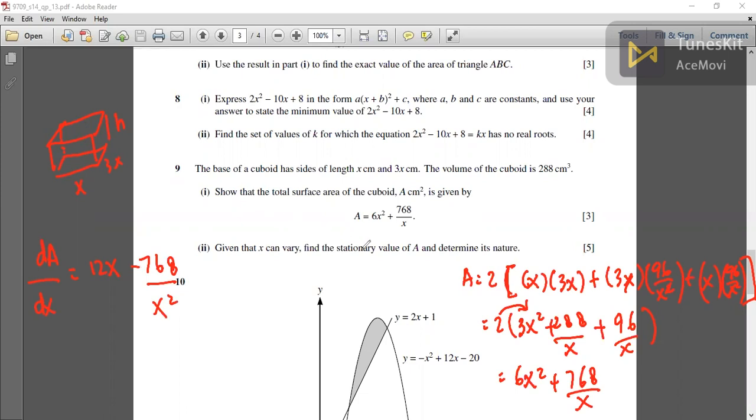And then remember, stationary value, so the differentiation is 0. 0 equals 12x minus 768 over x squared. Multiply everything by x squared.